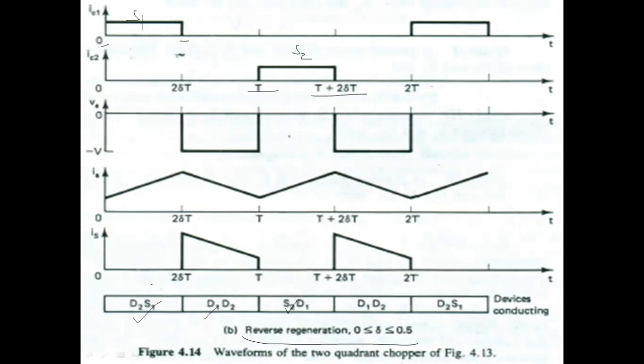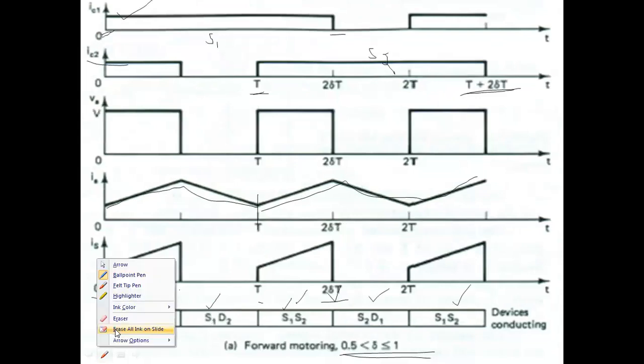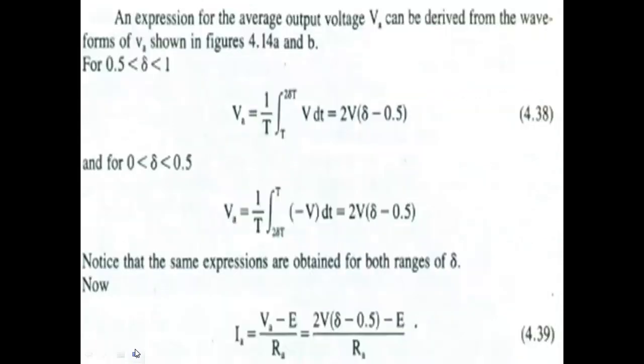So here you will get VA, 0, minus VA. See here, if you see the waveforms, minus VA and again 0 and positive VA and again 0. So here also the current is continuous. IA is continuous. So there are no discontinuous waveforms. We are only considering continuous.